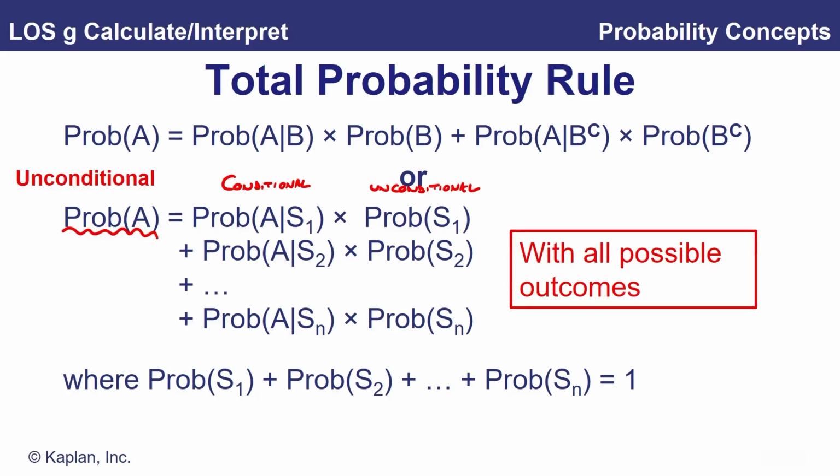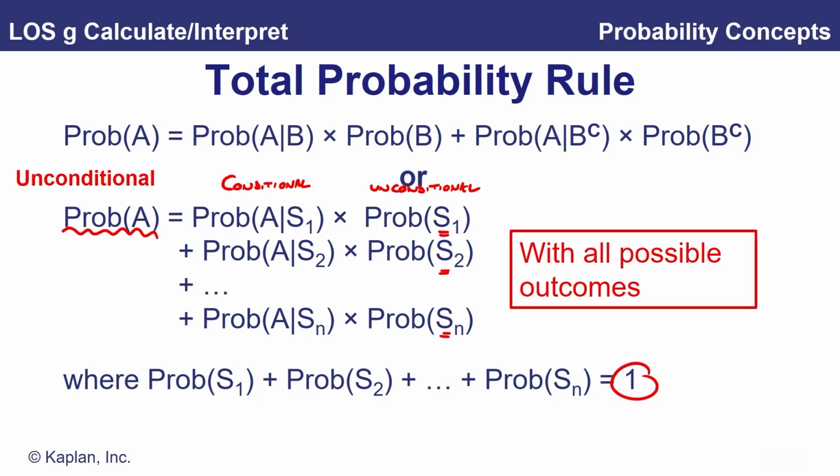So the unconditional probability for event A occurring is simply all of the joint probabilities where A occurs. Now notice with our unconditional events here, we're calling them S1, S2, Sn. If we take our unconditional probabilities and sum them, they have got to come to 1.